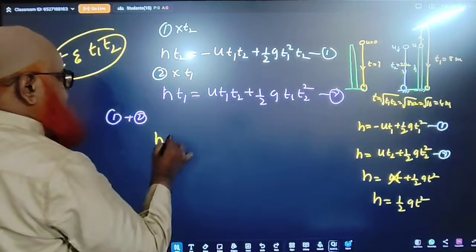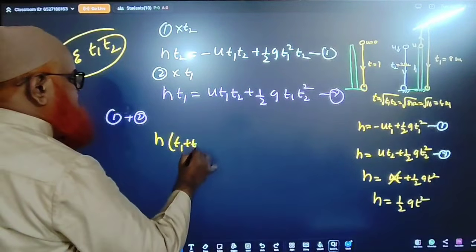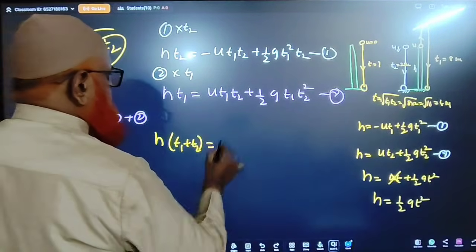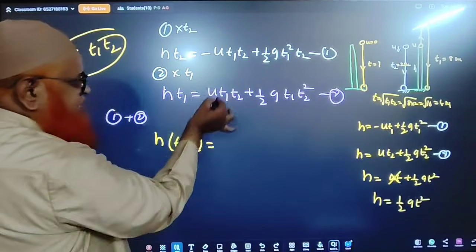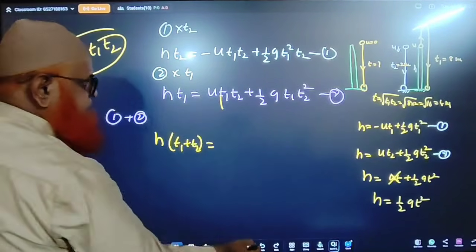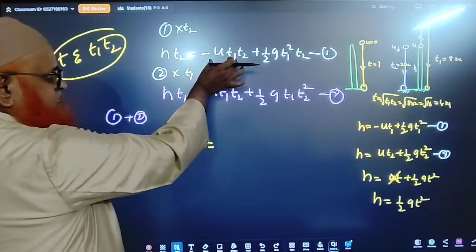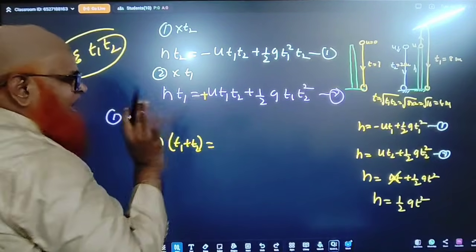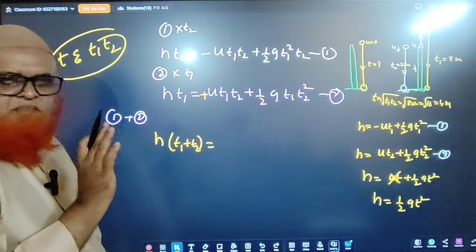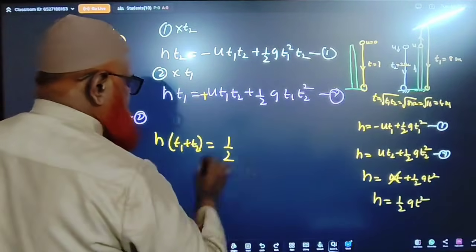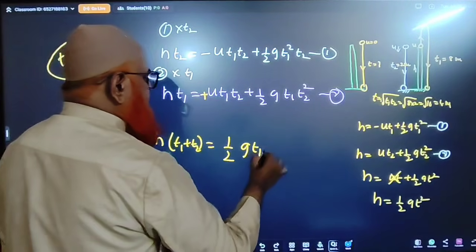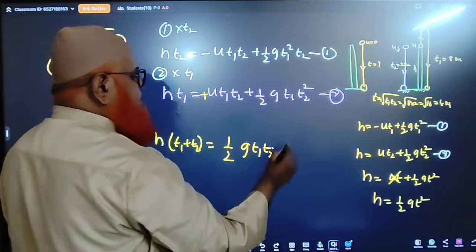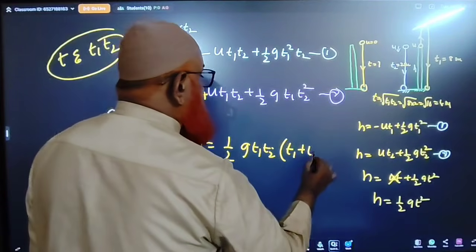So if I add, what happens? h into t1 plus t2 is equal to... If you add, these two are getting cancelled. Am I right? This is minus u t1 t2 and this is plus, so they are getting cancelled. Half g t1 t2 is common, so what is left? t1 plus t2 is left.